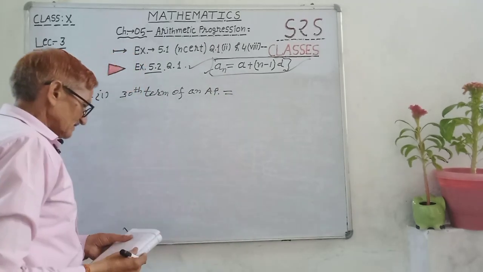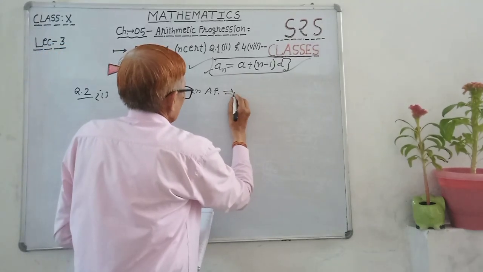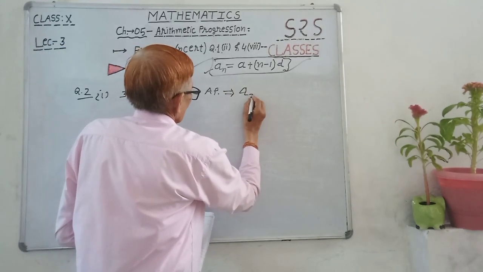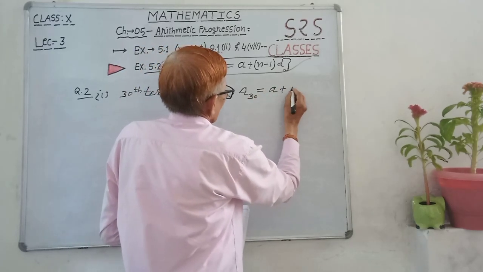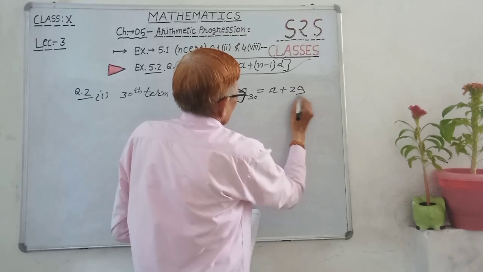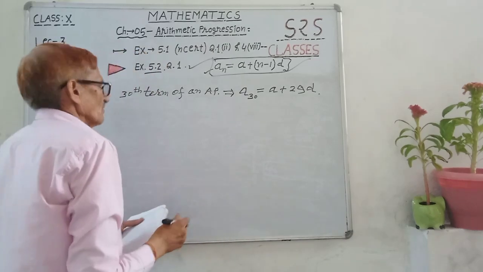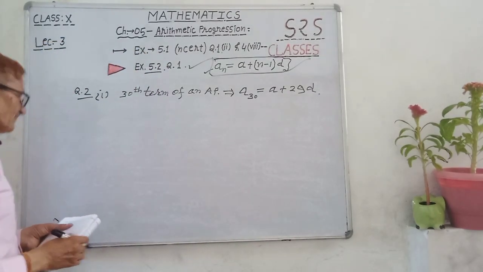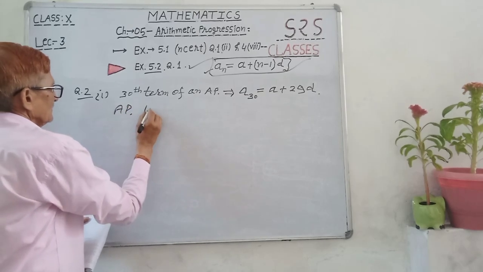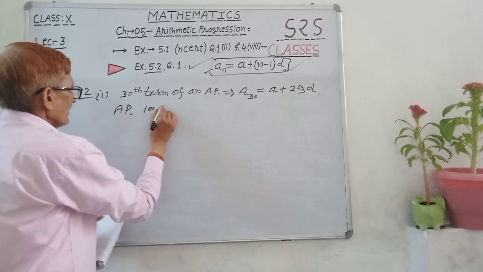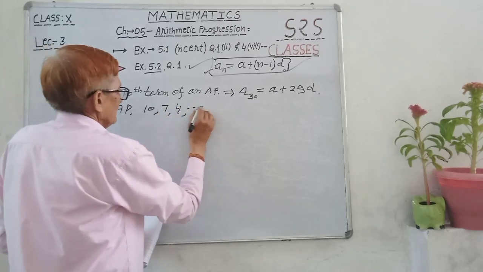The 30th term of an AP, we have to find, that is A30. A30 is equal to A plus (N minus 1) D, that is 29 D, by using the formula, okay? Here the AP is given: 10, 7, 4 and so on.